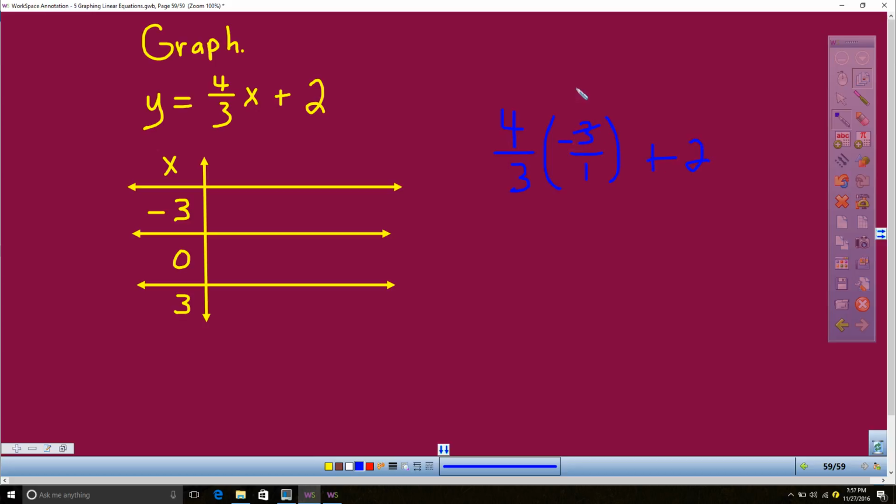The 3's are going to cancel, and I'm just going to be left with the number -4. 4 times 1 is 4, 1 times 1 is 1, 4 over 1 is 4, the signs are different, so the answer is negative. And now -4 plus 2, so my output is going to be -2. So always make it easy on yourself when you notice there are fractions in the problem by choosing inputs that will make your calculations easier.